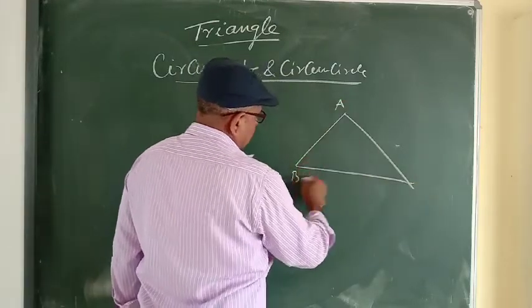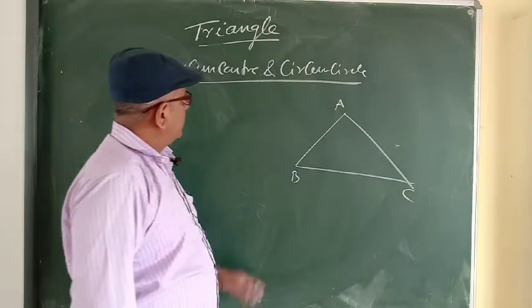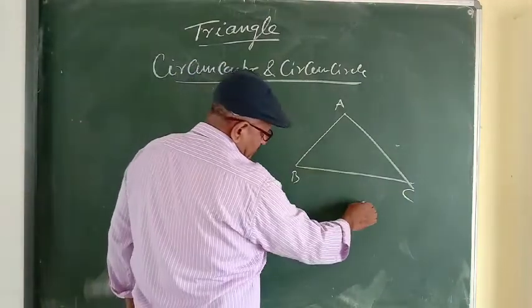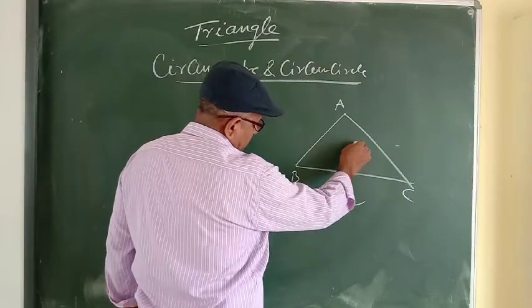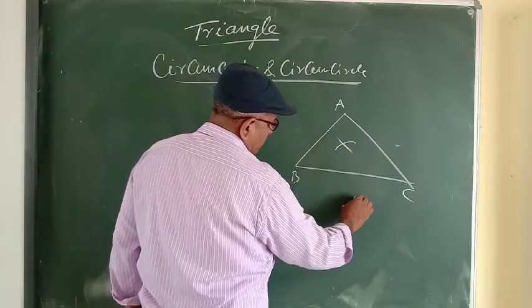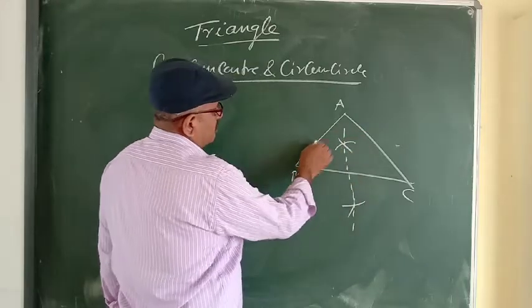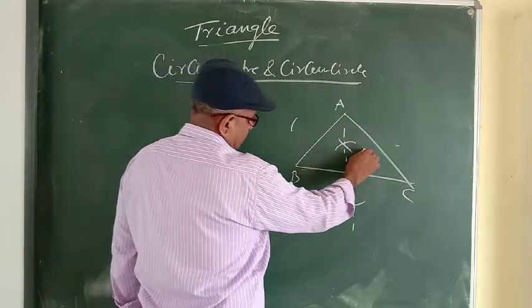Suppose ABC is a triangle. How can we define circumcenter? We will draw the perpendicular bisector of side BC like this. Draw the perpendicular bisector of AB.